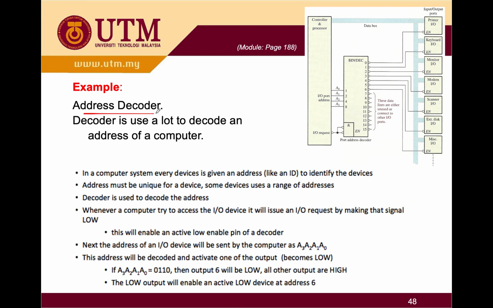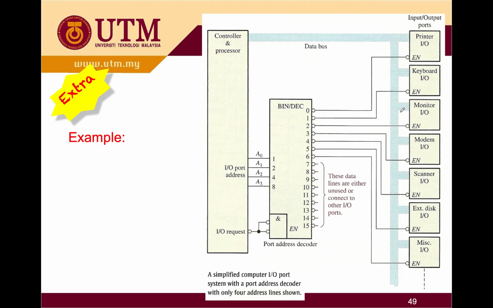Similarly for the decoder, it is used a lot to decode an address of the computer, so you can go through and read all the details about your decoder. And you can see this is an example of your address decoder.